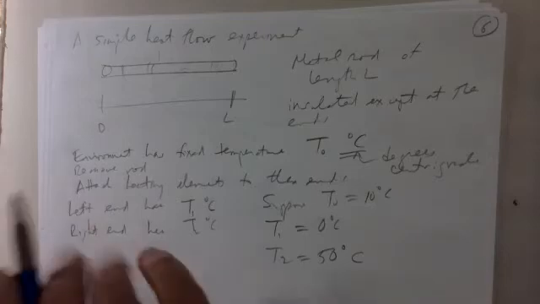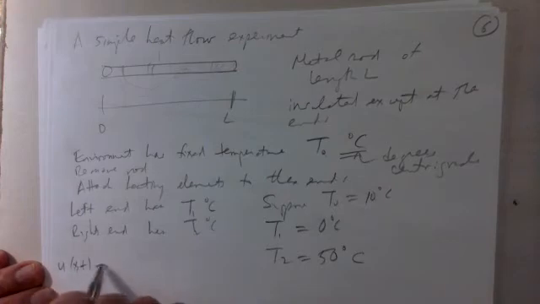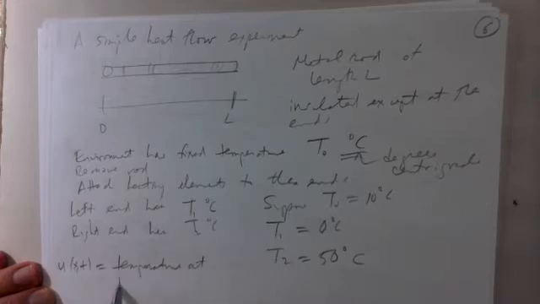So we have a very simple picture. We have a metal rod. It conducts heat nicely. The whole rod is at temperature T0 degrees when we start. So u of x,t is the temperature at position x on the rod, where x is between 0 and L, at time t.